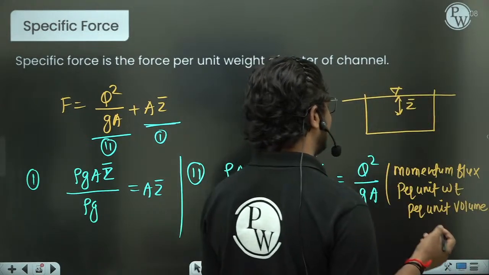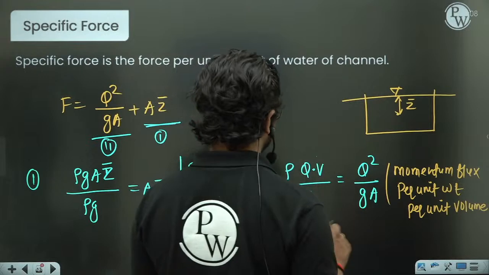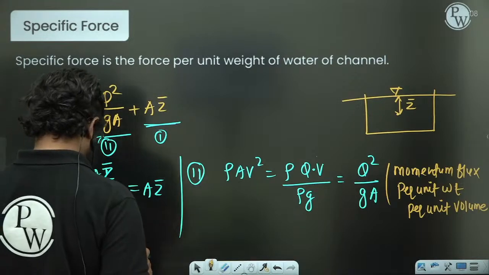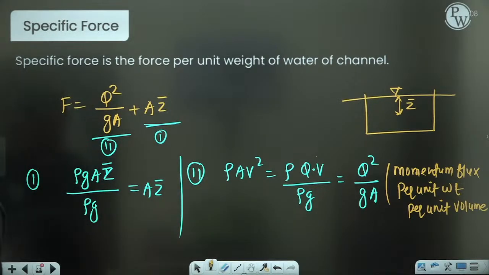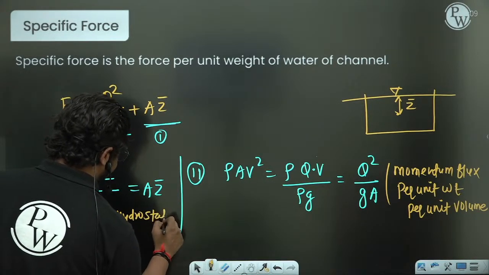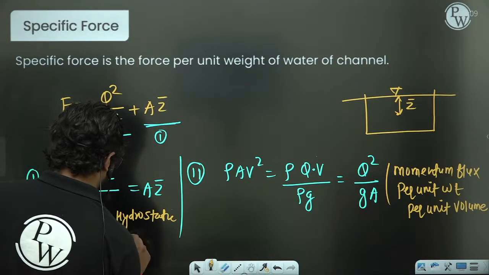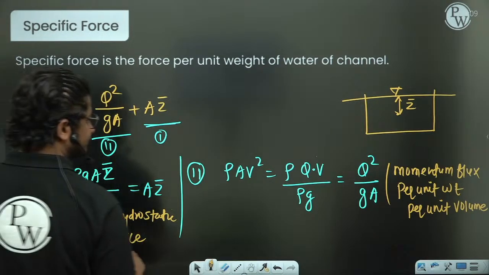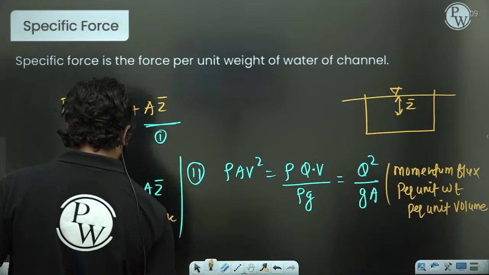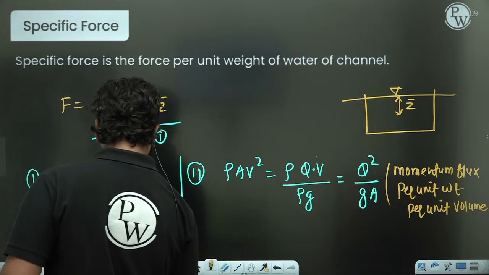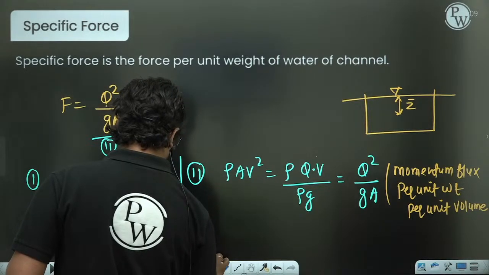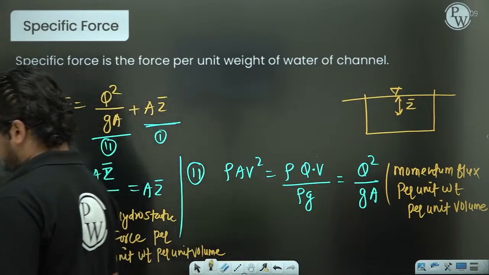And here, this is hydrostatic force per unit weight per unit volume.